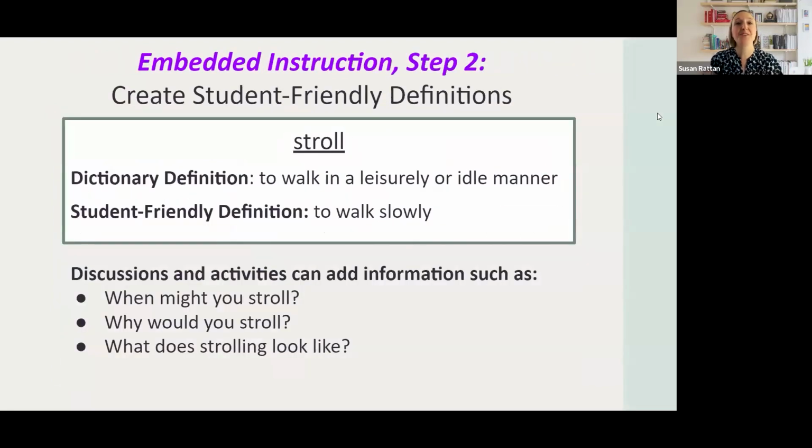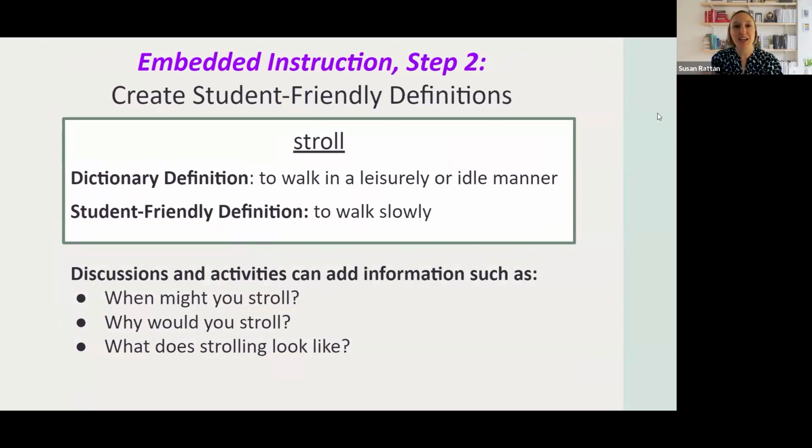Oh, and here, so the next step is to create a student-friendly definition. So I have some examples here of dictionary definitions for some of the words that we have used in our past work. So this example here is stroll. The dictionary definition is to walk in a leisurely or idle manner.